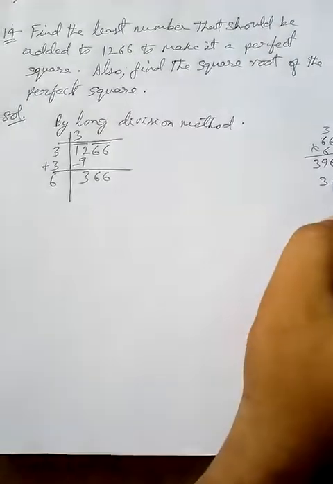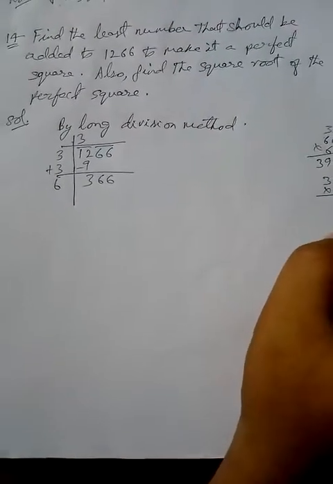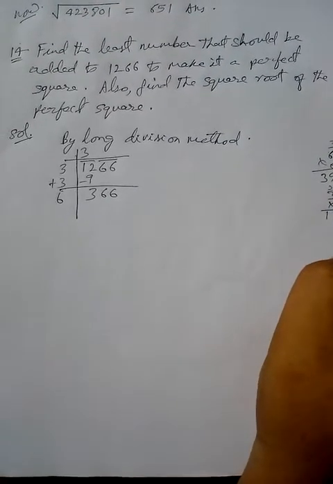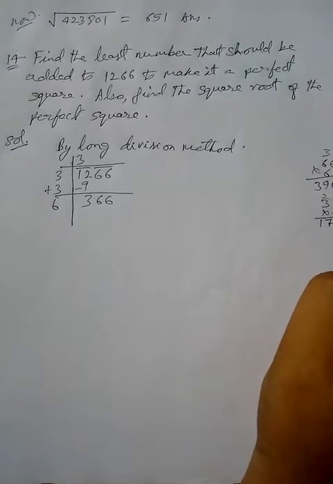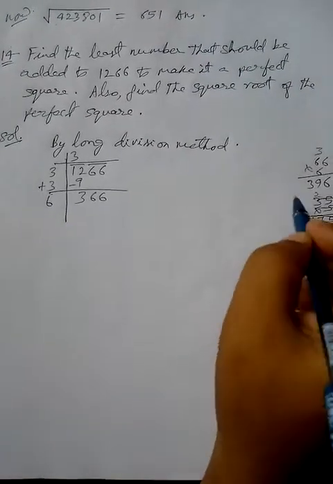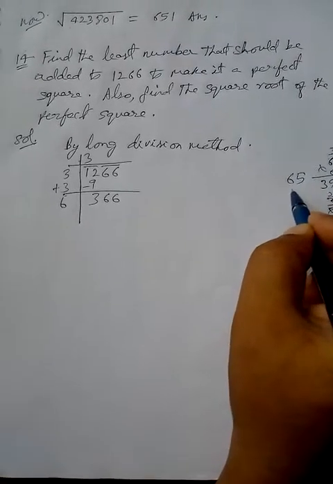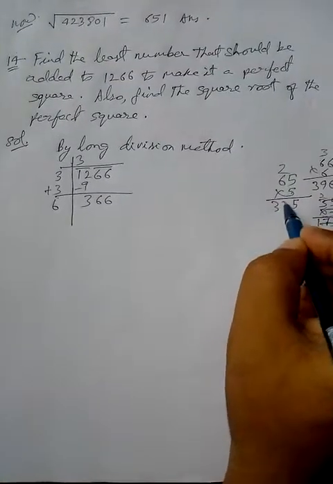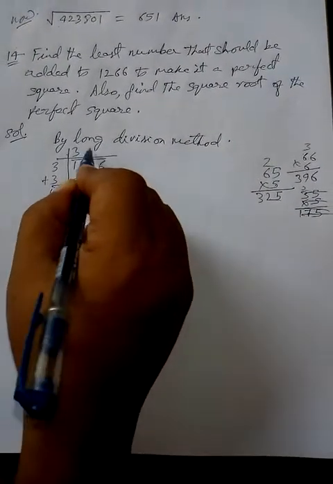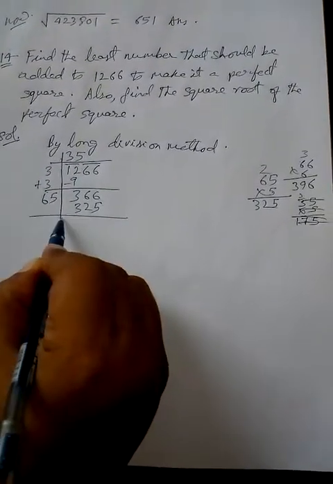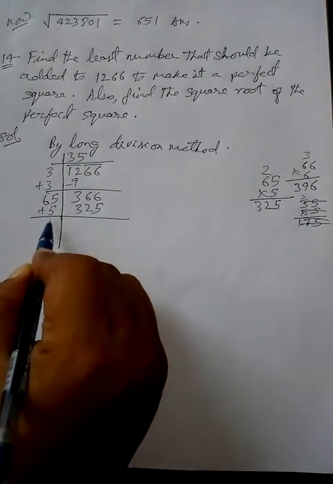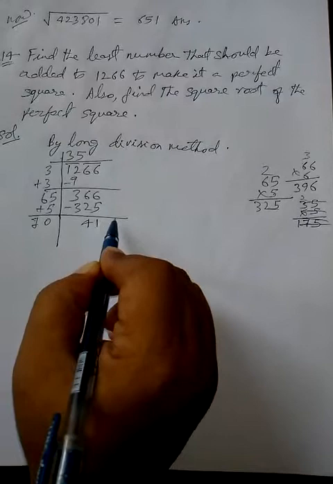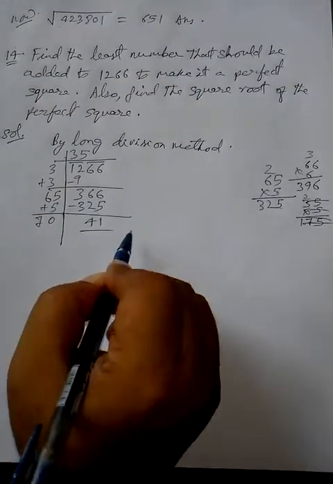So we will take 5. 5 5s are 25, 2 5s are 30, and 2 is 32. So it should be 5 times. Whatever we write here must be added here also. Now subtract this, you get 141. This is the remainder we get.